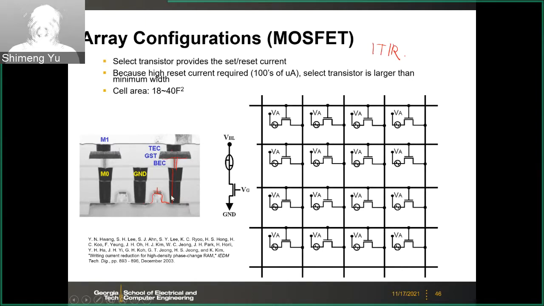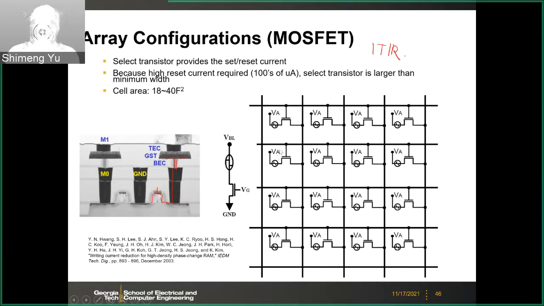That's why if your reset current is several hundreds of microamp, you have to size up the transistor width to provide this current. Therefore, your cell area will be limited by the transistor width, and depending on the reset current, you may use a larger transistor. Therefore, your cell area can be 40 or even larger F².